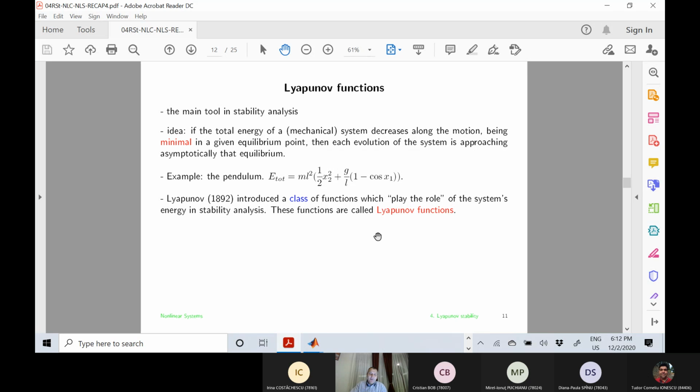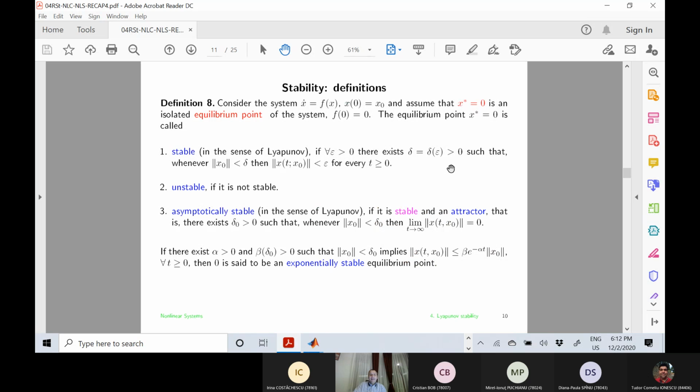We have seen the equilibrium point is stable in the asymptotic meaning. This is the usual meaning which we will work with, right? So the origin should behave like an attractor, and think a little bit of the pendulum, and we will go on with the pendulum example during this talk.